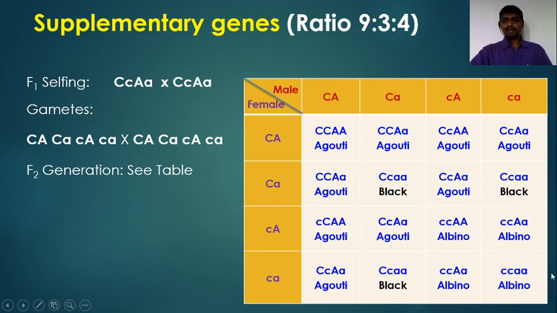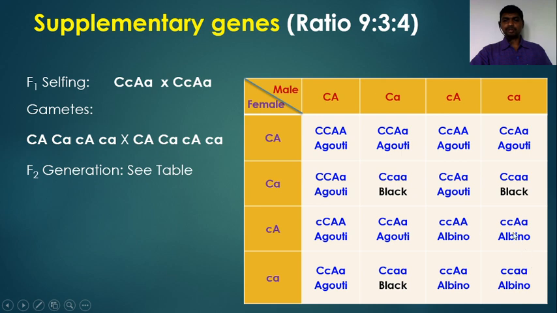But in case of the albino mouse, we found that this recessive epistatic gene, that is small c, inhibits or suppresses the phenotypic expression of another gene A, because of which the mouse coat color is albino.